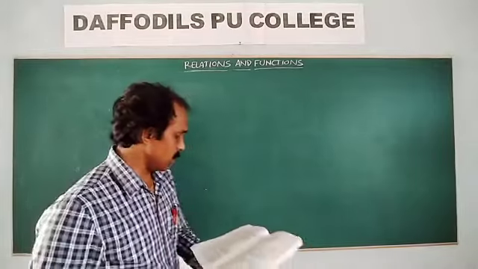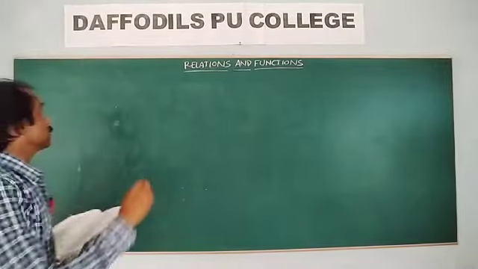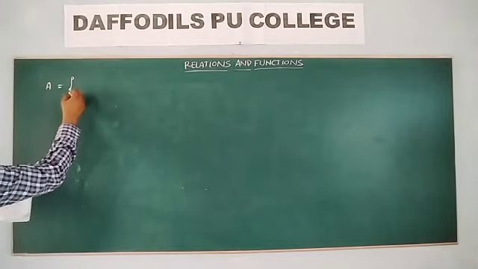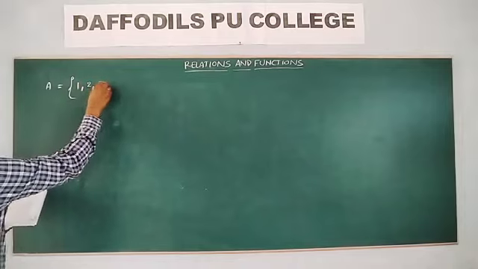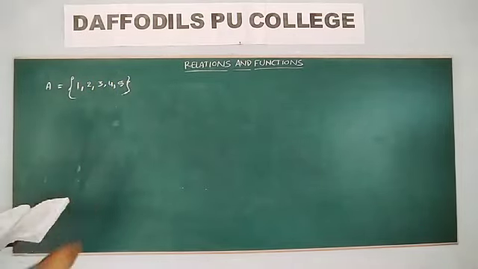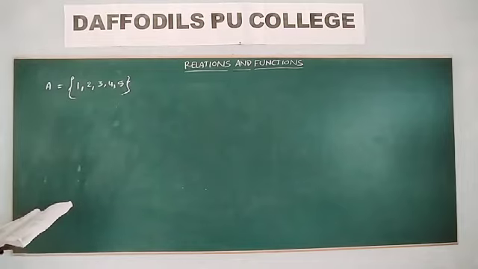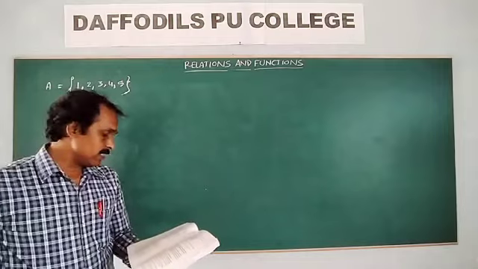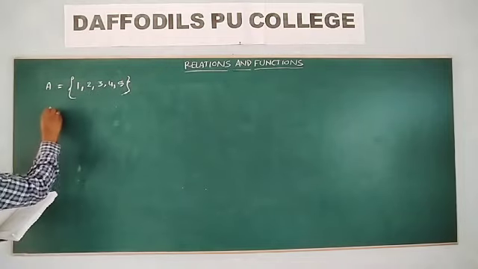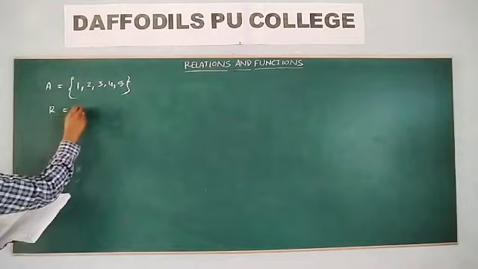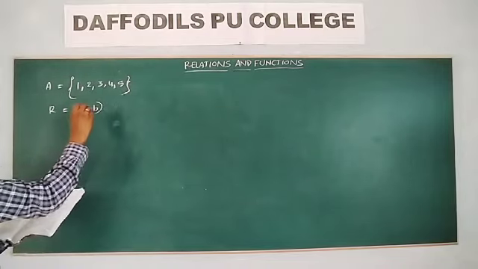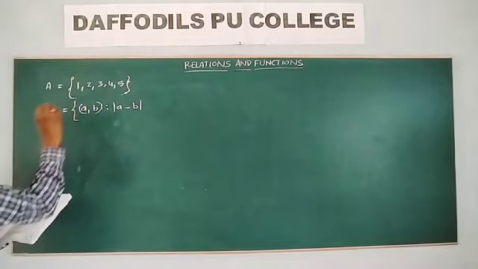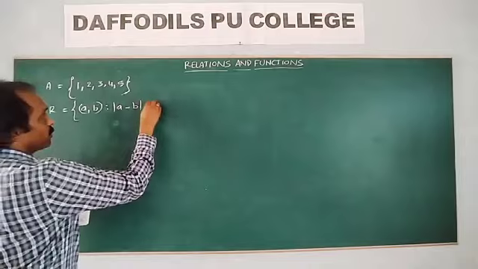Show that the relation R in the set A, where set A is 1, 2, 3, 4, 5, is given by the relation R is equal to {(a, b) such that a minus b is even}.